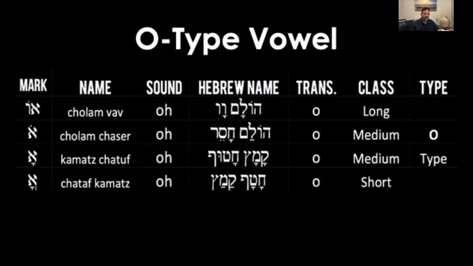And you can shorten it by just removing the vav and leaving the dot floating in the air, or the rare, medium, and short of the kamatz chatuf or chataf kamatz, where the kamatz that normally is an ah sound is an o. You just memorize it, as in the o of not in English versus note, N-O-T-E versus N-O-T. You just memorize when it's an o sound and when it's an ah sound. Most of the time it's going to be o.